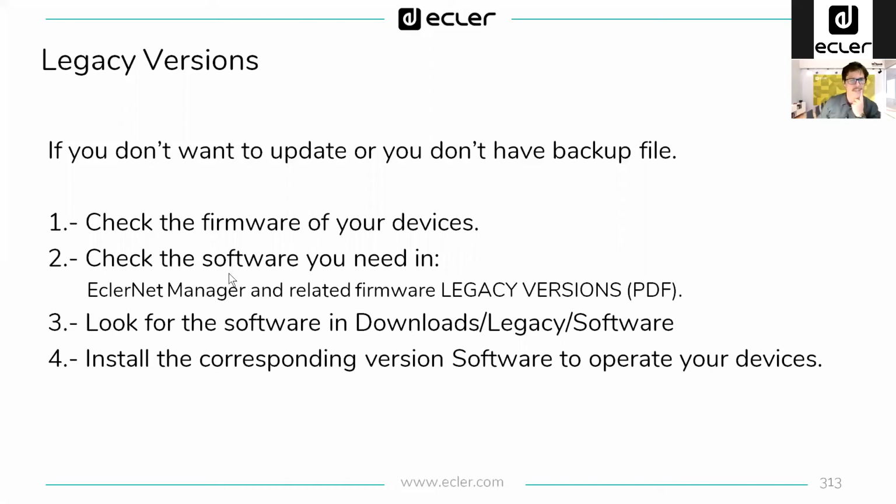The second thing is checking the firmware you need in EclerNet Manager and related firmware legacy versions, which is a PDF. I will show you where to find it. Once you know which software you need to connect and work with that firmware, you download it to your PC and install the corresponding version, so you will be able to operate, make the backup file, or make a little change if you don't want to upgrade the firmware.